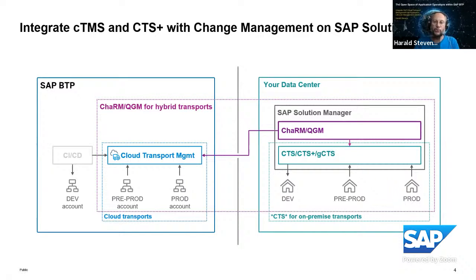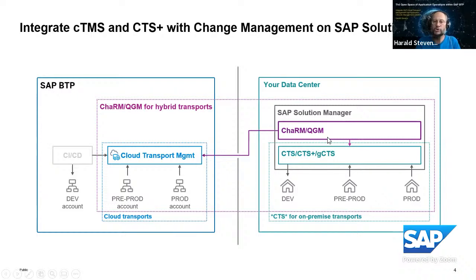As said, when we're talking about application lifecycle management solutions, we have mainly two offerings at SAP. One is the SAP Solution Manager. And inside the Solution Manager, we make use of the Change Request Management, or the Quality Gate Management.